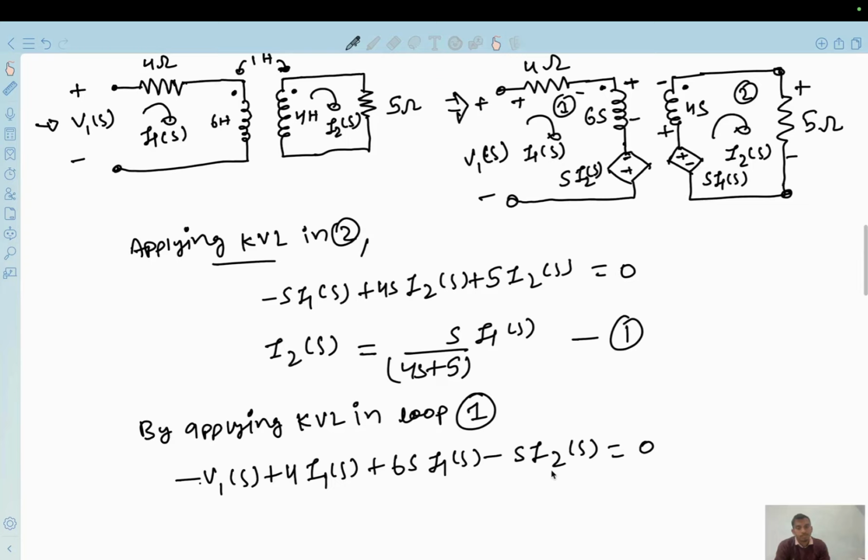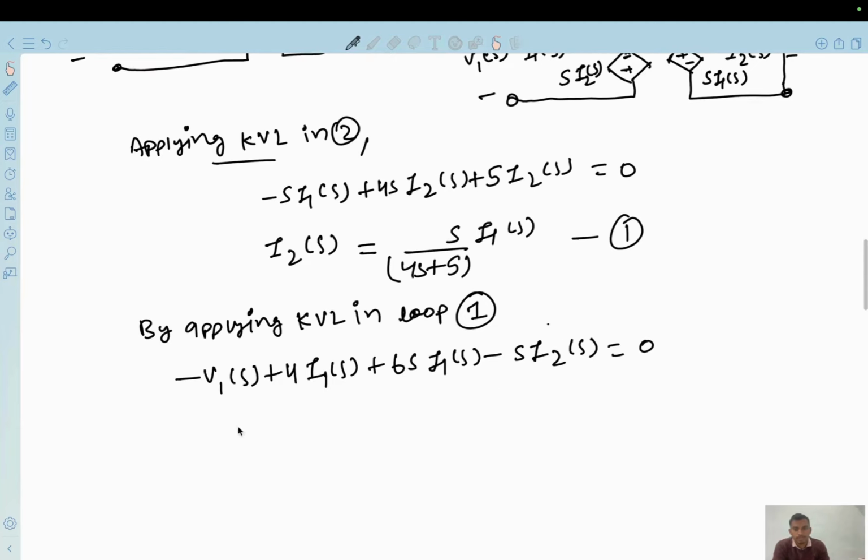Now, we need to calculate the input impedance from here. So the input impedance will be equal to V1S upon I1S. Here we need to replace the I2S in terms of I1S, so that we can get an equation in V1S and I1S, and we can calculate the ratio of these two to get the input impedance.